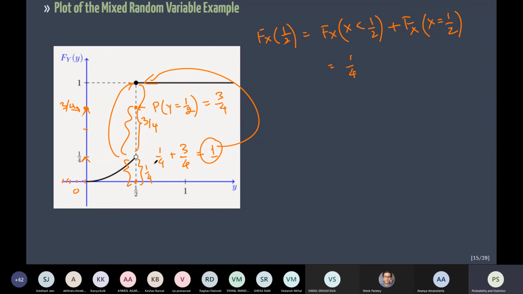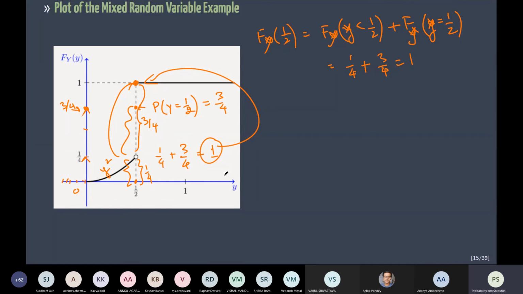That's what we proved. I'm talking about F_X, but let us say this is actually F_Y. These are all Y. Plus Y at half was 3/4. So this was indeed 1, and that's why this solid color came here. At half, it has a jump, and otherwise up to 0, it was 0. After 0, it was following a y square curve.